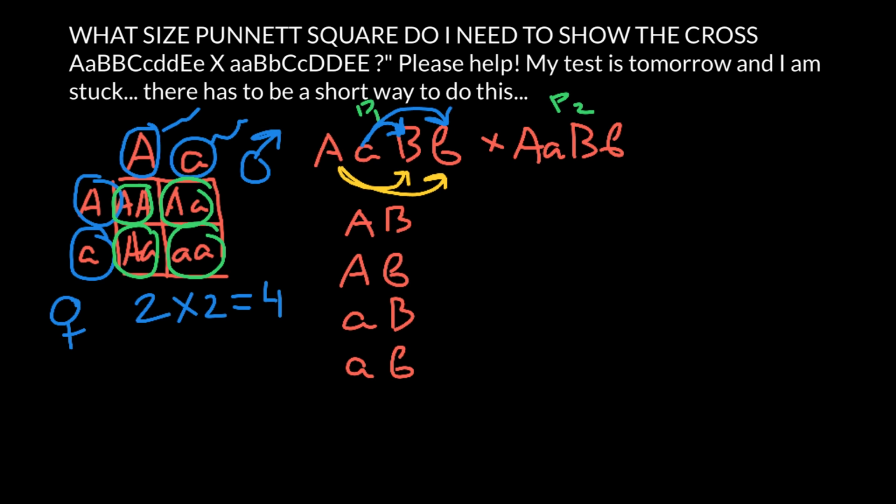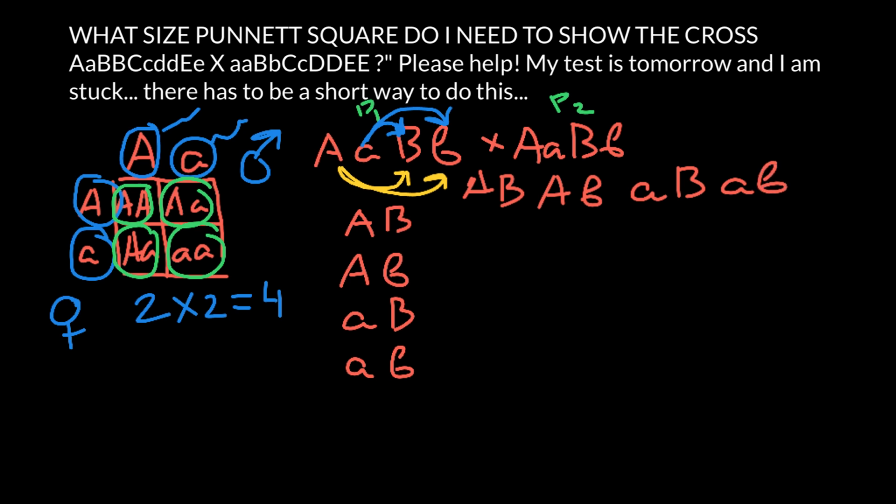If we build a Punnett square, the second parent also can produce 4 types of gametes. The same genotype would produce the same number of gametes. So we would have gamete genotypes: capital A capital B, capital A small b, small a capital B, and small a small b.